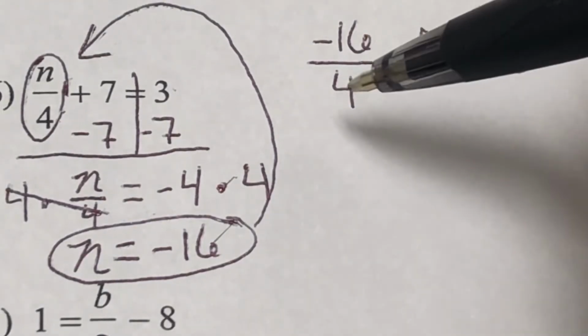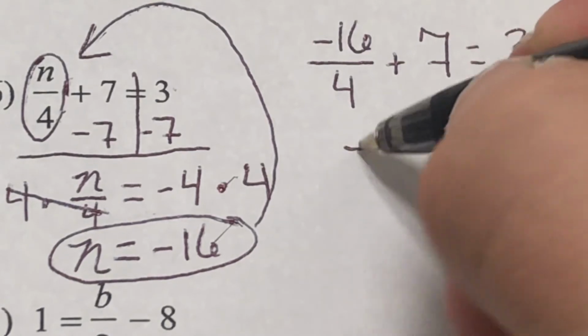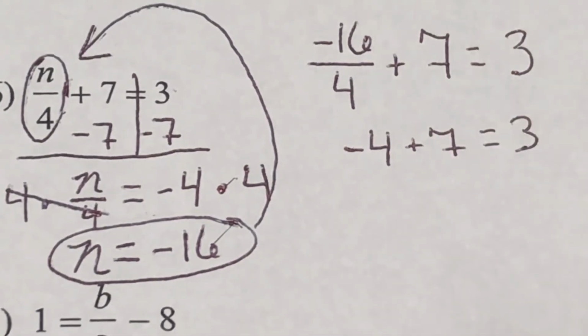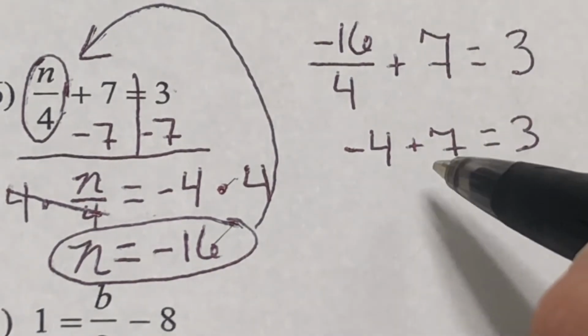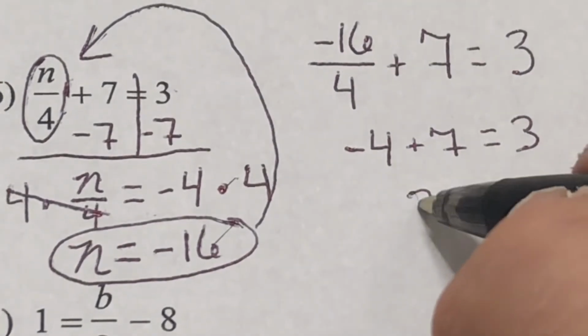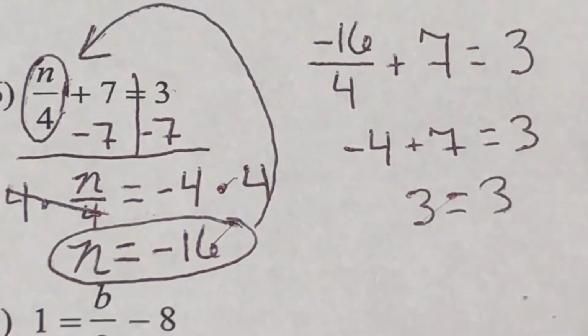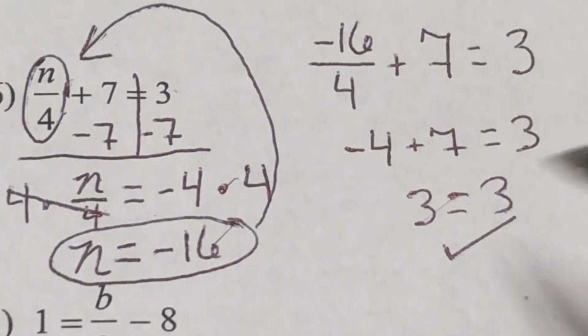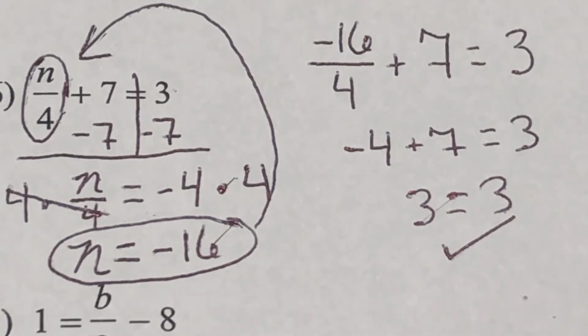Negative 16 divided by a positive 4 will get us a negative 4. And a negative 4 plus 7 will get us a positive 3. And in my 27 years of life, 3 has always equaled 3. So we're correct, no matter what they say.